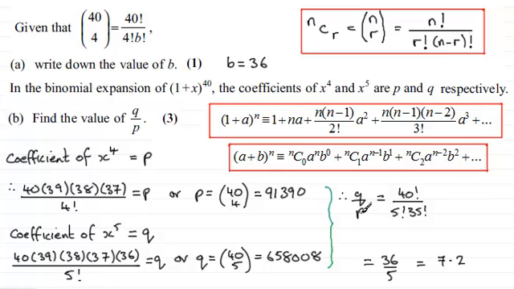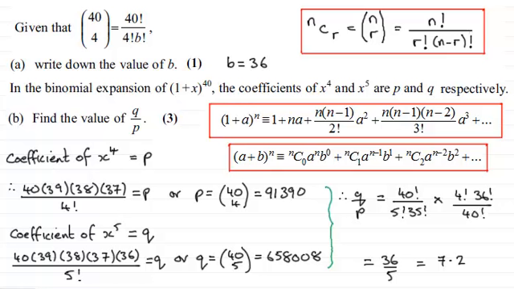Now, I'm going to turn the fraction that I would get for this upside down. When we're dividing fractions, we can turn a fraction upside down and multiply. This would normally be 40 factorial divided by 4 factorial times 36 factorial. If I turn that upside down, we're going to have 4 factorial times 36 factorial divided by 40 factorial.